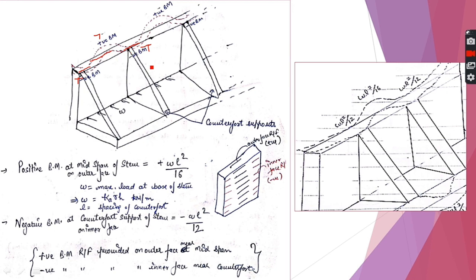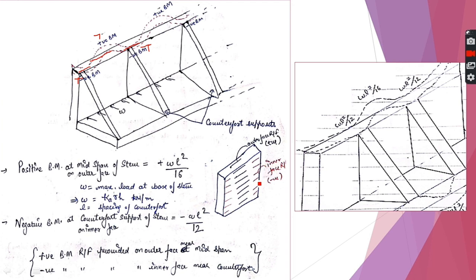Like that, in a continuous slab we provide two types of reinforcement: one on the outer face, which is the main reinforcement due to positive bending moment at midspan, and second on the inner face, main reinforcement due to the negative bending moment near the counterforts. This reinforcement will be provided at a specific interval.